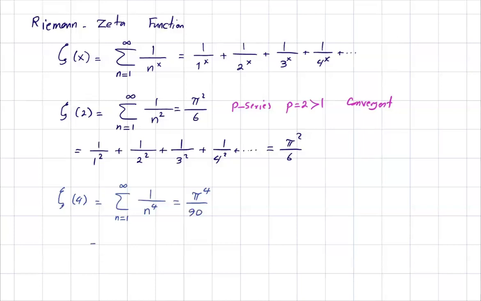So basically, if you add these terms, 1 divided by 1 to the 4, plus 1 divided by 2 to the 4, plus 1 divided by 3 to the 4, plus 1 divided by 4 to the 4, plus the rest of the terms, it is nothing but pi to the 4 divided by 90. We're going to use this sum and find other sums.